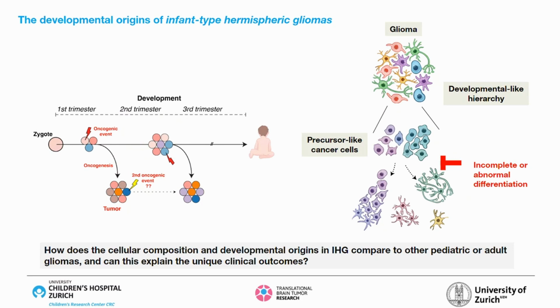An accepted framework in the field so far is that pediatric brain tumors are composed of precursor-like cells of fetal or developmental origin that recapitulate the developmental hierarchy, but in a very disorganized fashion. When it comes to the infant-type hemispheric gliomas, we don't know their cellular composition, their developmental origins, or how they compare to other pediatric brain tumor entities.